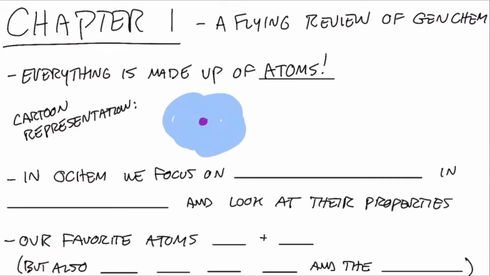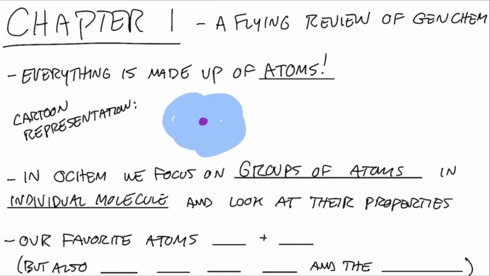So in OChem, we really are focusing on groups of atoms all together in individual molecules. And then we like to look at the properties of those molecules and see how they compare to other types of molecules, or how we can adjust the molecule to adjust the properties.